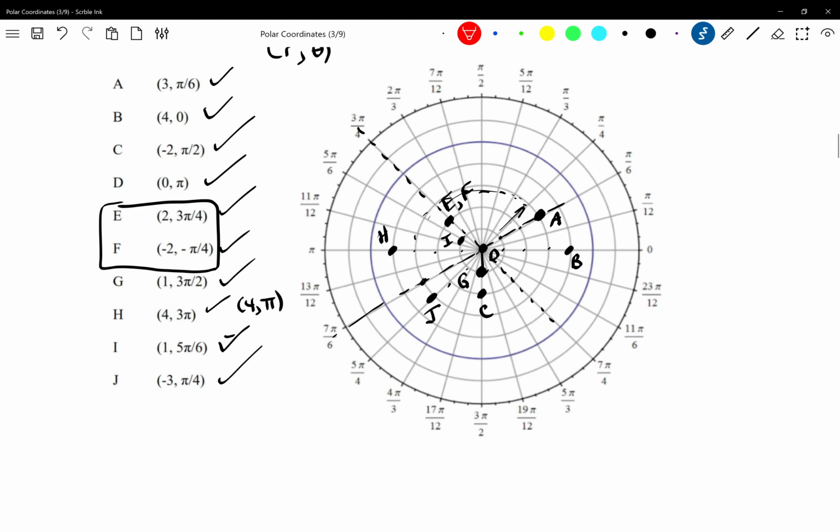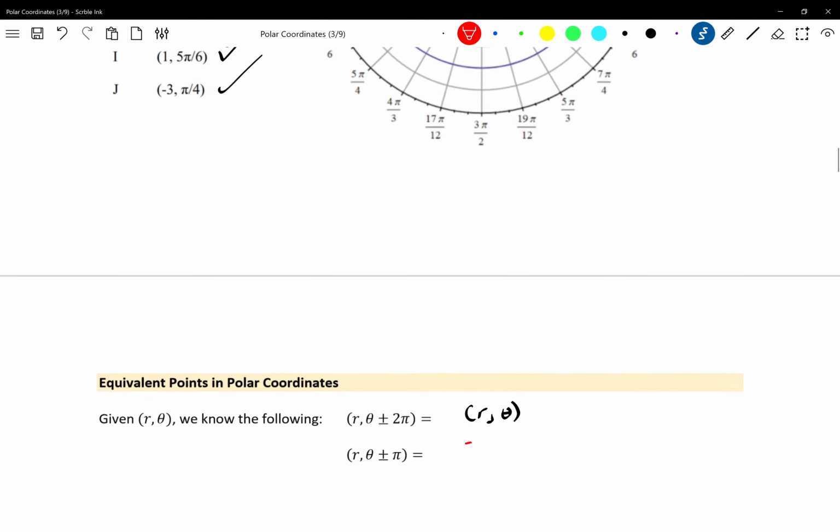I'll use a different color just so it's clear. That is the same line. If I made r negative, I would end up back at A. So this is negative r comma theta. What that means is if you add pi to the angle, you negate r. Those are some neat little relationships with polar coordinates.